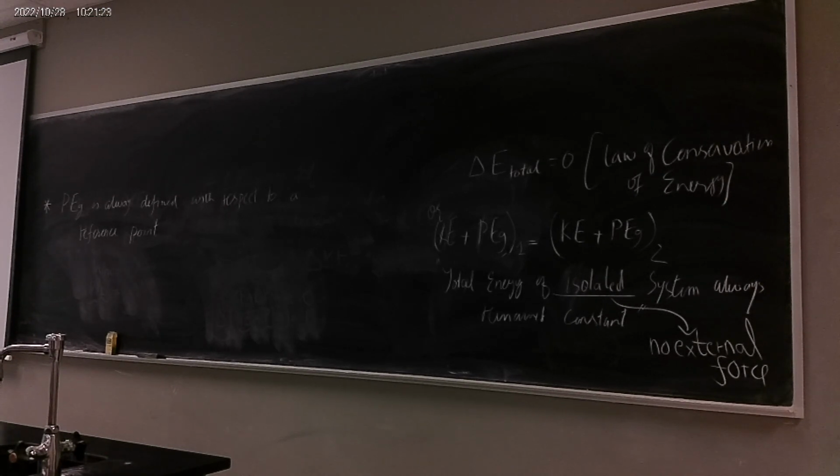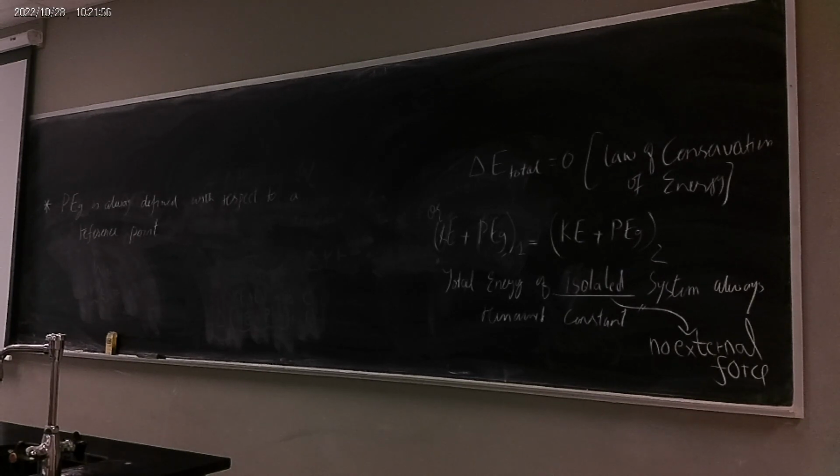What if I define it with respect to the table? If I want to know the potential energy of the book with respect to the table, what height? 0. That would be 0. Is that right? So potential energy with respect to the table is 0. With respect to the floor, it's not 0.